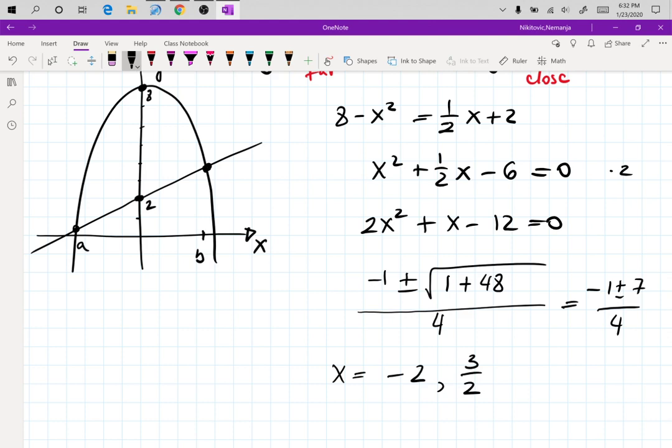This is another tool you can use. You talk to it, and it gives you the answer. Solve 8 minus x squared equals 0.5x plus 2. Where did I make a mistake?